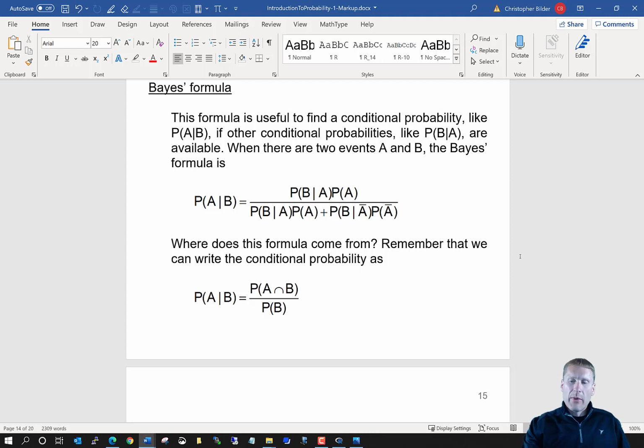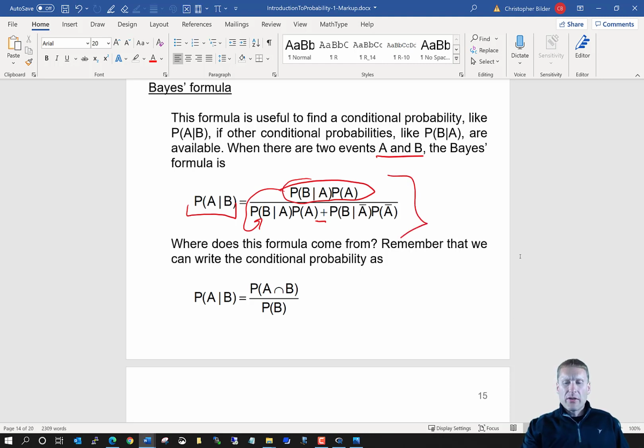So again, let's say that we have two events, A and B, and of course their corresponding complements as well. Then we can write out the probability of A given B as equal to the probability of B given A times the probability of A, all over the exact same thing in the denominator, plus the probability of B given A complement times the probability of A complement.